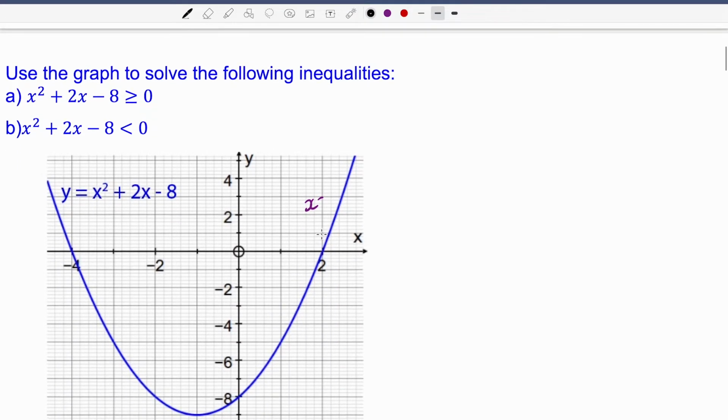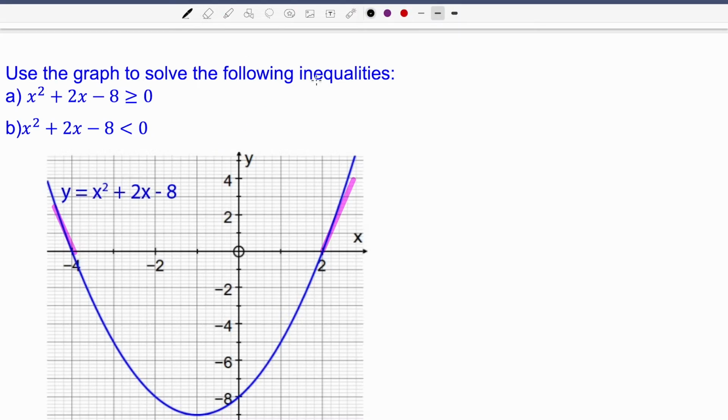So now, we've got a slightly more complicated function, but the graph makes it easy. So, we have x squared plus 2x minus 8 is greater than or equal to 0. So can anyone tell me, is that when the curve is above or below the x-axis? Yeah, that's right, it's above the x-axis.